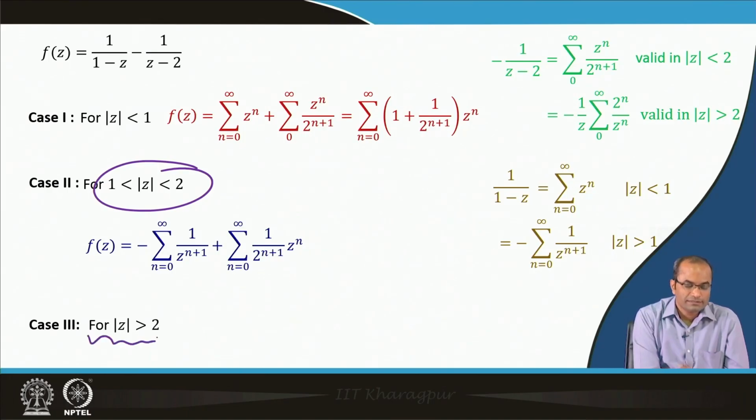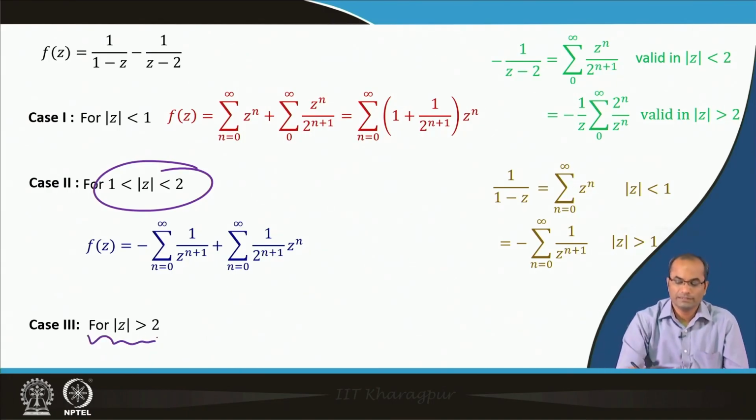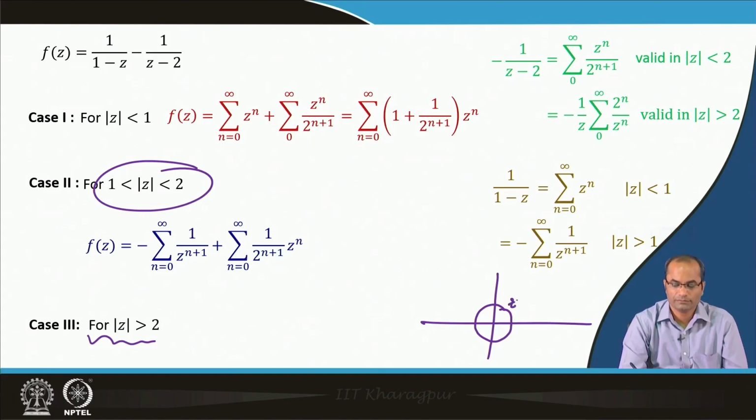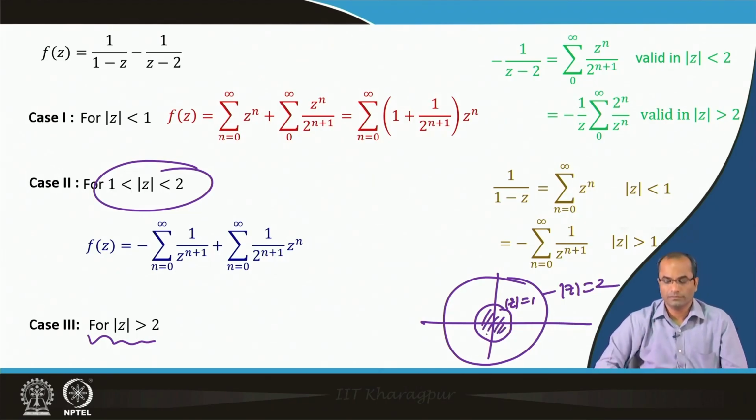The third case, when mod z is greater than 2. So, basically here we have three regions, one with radius 1, mod z equal to 1, and one with mod z equal to 2. We have seen what kind of expansion we have inside this inner circle.